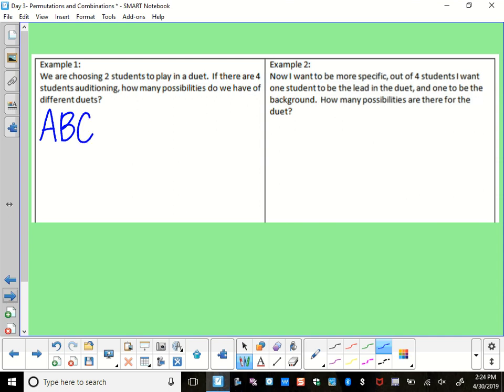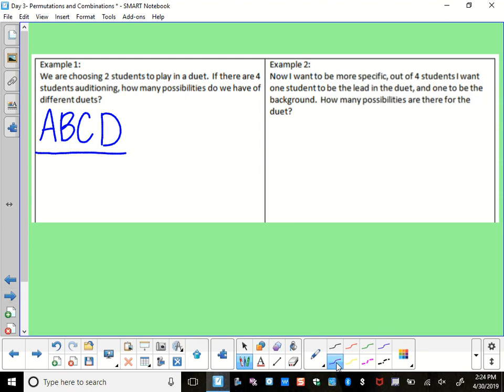What is C? Cat, like Catherine. And D? David. Anyone else? You already did two. Give me another name. Dawn. Okay. So we have Alice, Ben, Kat, and Dawn. Right? Alright, good. These are my people.